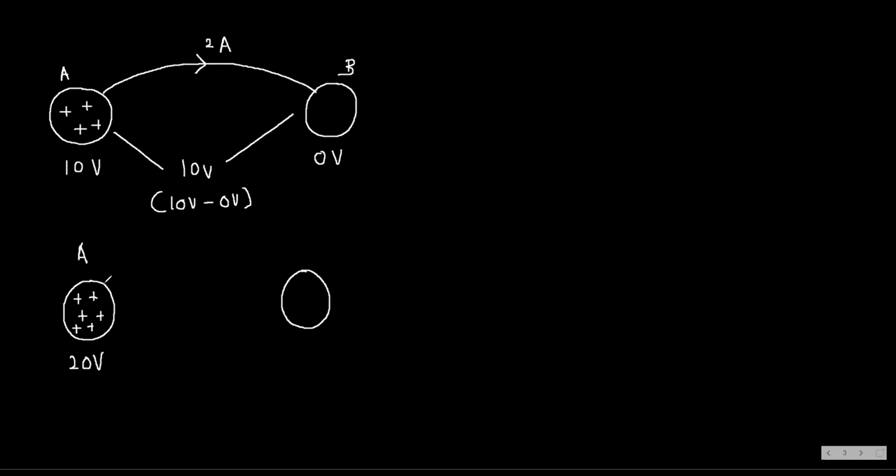Now, if I'm connecting this sphere with the zero potential sphere, the potential difference is increased to 20 volts. Am I correct? Is it okay with you? Yes, sir. Okay.